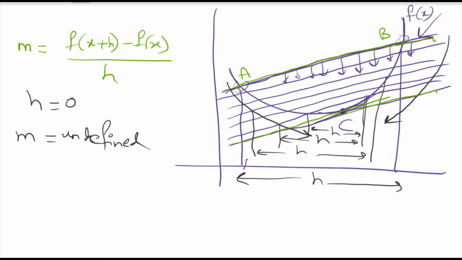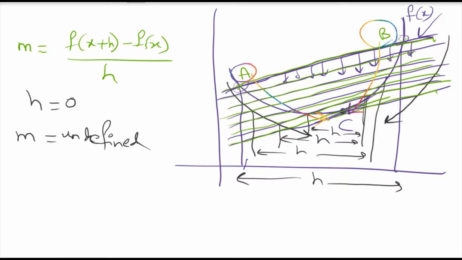I can define the slope of line AB and even this line and all the lines which are secants. As soon as my secant is becoming the tangent, the moment A and B are meeting at C here, h is tending towards 0.